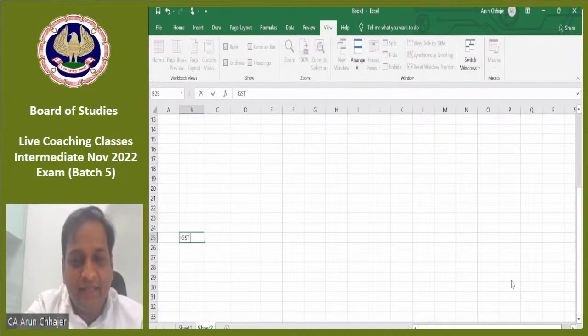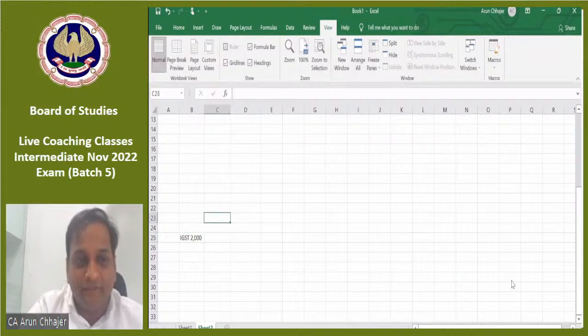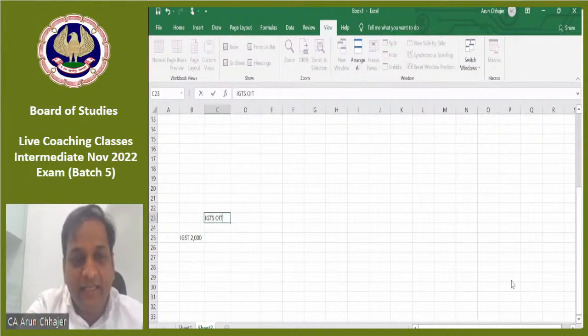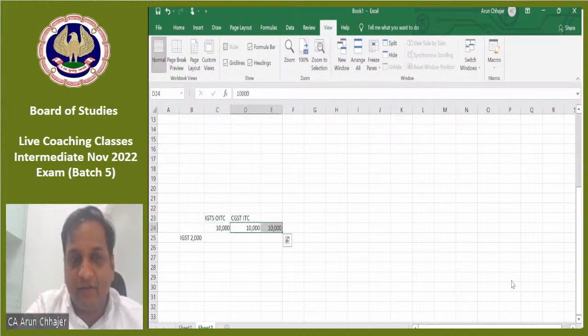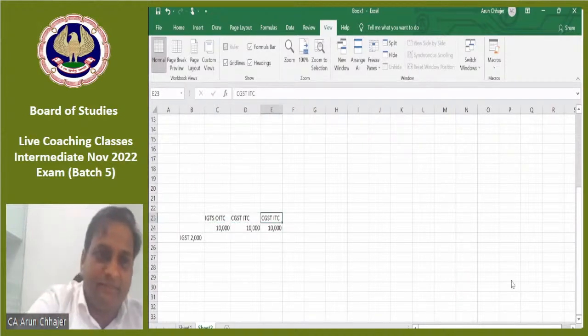IGST has a requirement of 2000. IGST ITC, let's say 10,000. CGST ITC, let's say 10,000. Same for SGST.